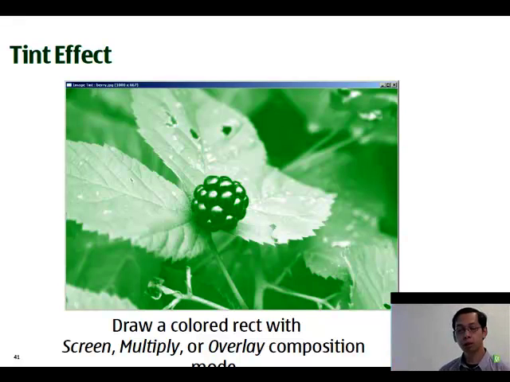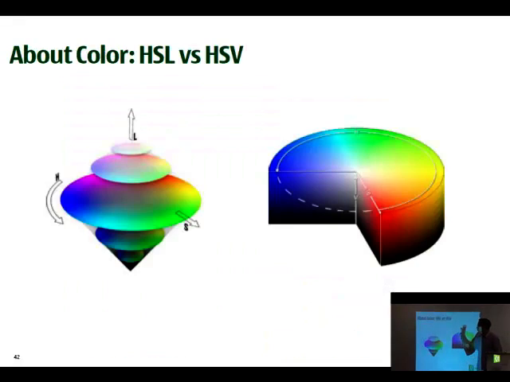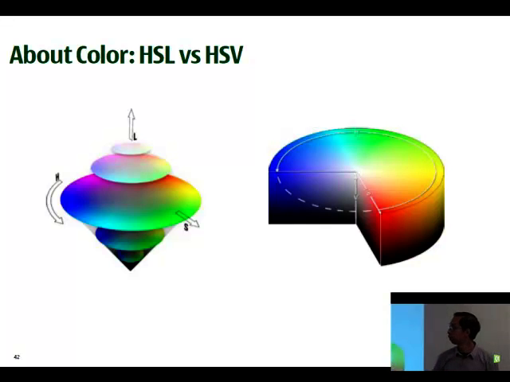Since we're talking about colors, let's touch briefly on the color space topic. Here there are two important color spaces. The one that you probably know already is RGB, red, green, blue, but this one is something different. This is hue, saturation, and lightness, or hue, saturation, and value.